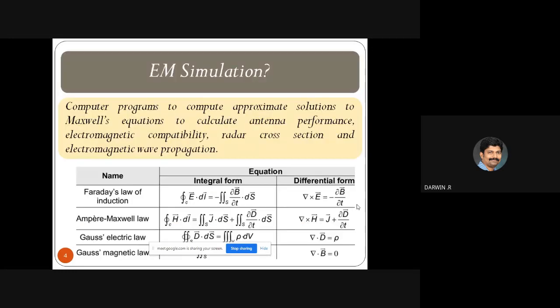So first is EM simulation. This is all about modeling the behavior of electromagnetic fields and their interaction with physical objects and the environment. We all know that. If you look at the equations here, you can find Maxwell's equations. This is the heart of electromagnetism, isn't it? Can you skip it? It's not possible.